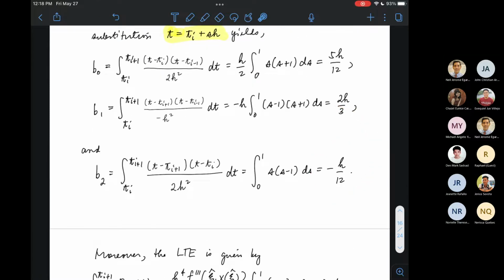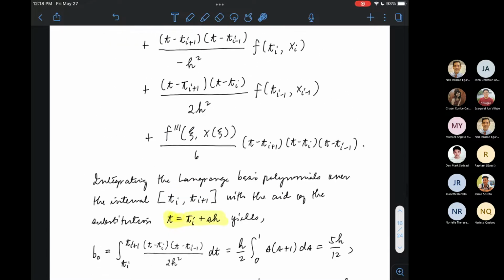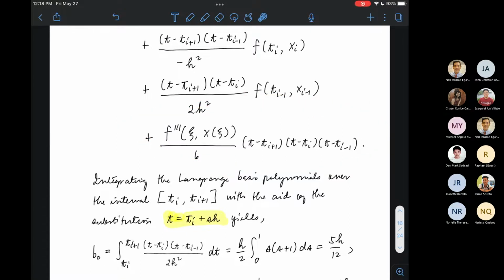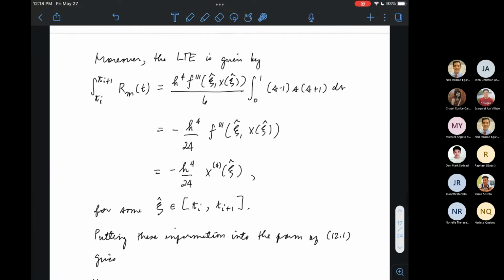Okay? Tapos, yung local truncation error ay ibibigay naman nung integral nung error term. So ito yung i-integrate natin from t sub i until t sub i plus 1. Now, if you do that, you will get this. Okay. Now, we'll see here that this two-step method is dependent on, nakadepende siya dun sa integral ng error term.